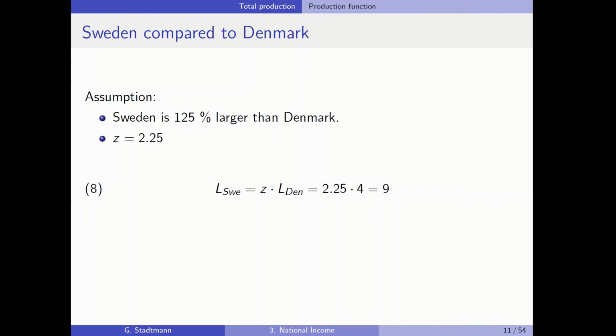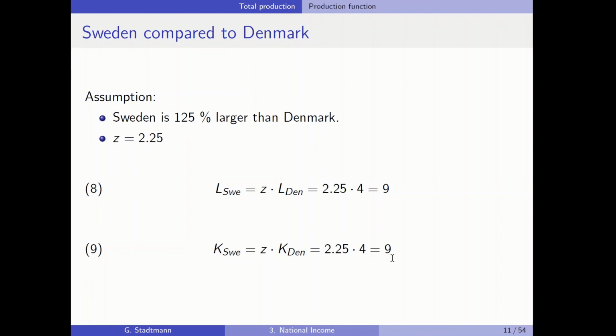Sweden is able to produce with 9 labor units. What about capital? Also here, Sweden has 2.25 times the capital units of Denmark, so Sweden is producing with 9 capital units.